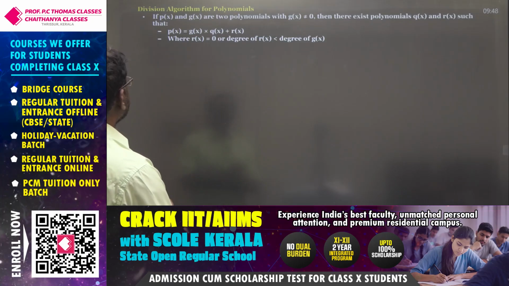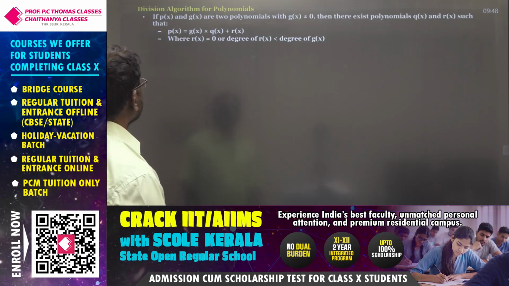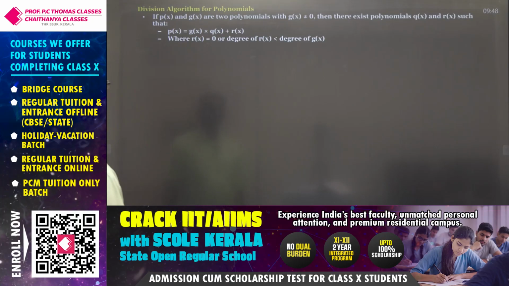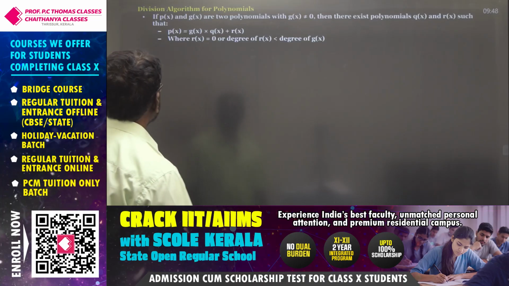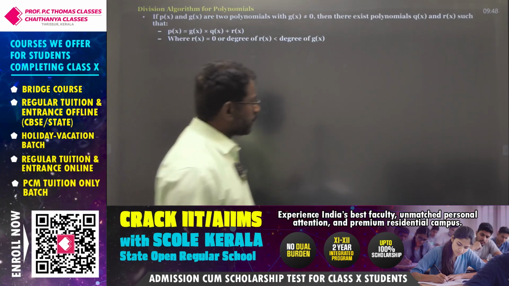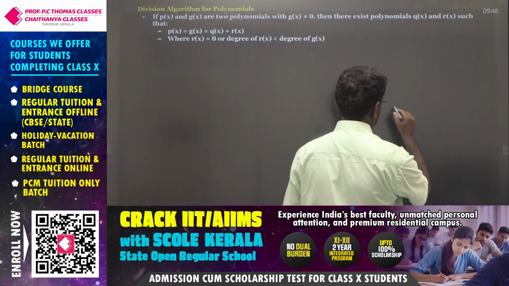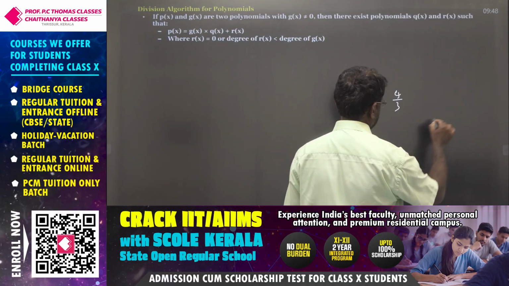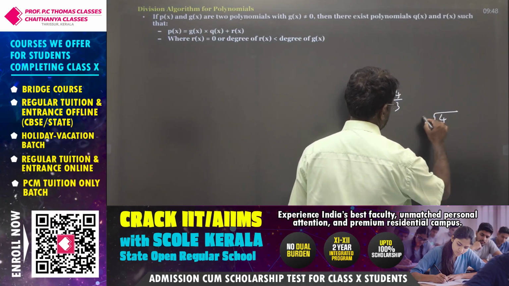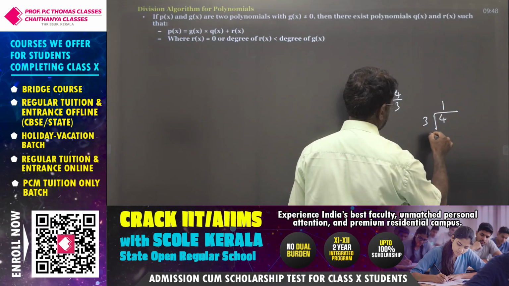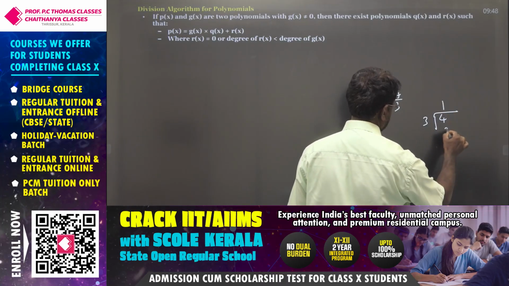Division algorithm for polynomials. For ordinary numbers, for example 4 by 3: 3 goes into 4 one time, that is 3 into 1 is 3, and the remainder is 1.